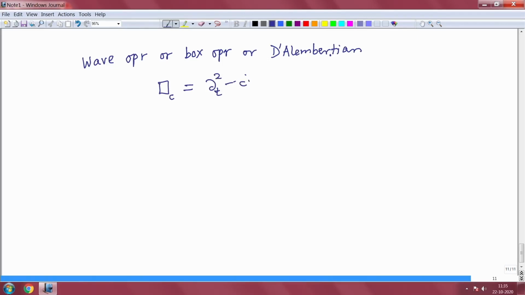So this is the partial differential operator, del t square minus c square del x square. Our wave equation was nothing but this, so we can rewrite it. This is the homogeneous wave equation. The advantage is that since c is a constant, we can split this into linear factors.